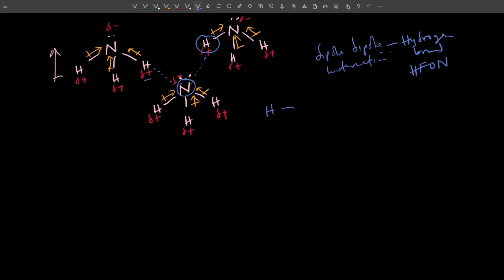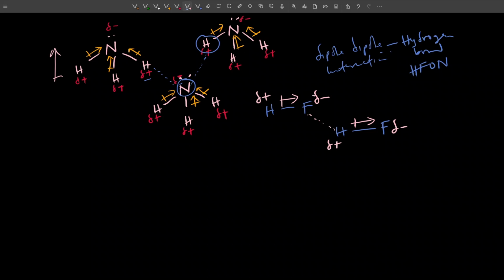Lastly, we have hydrofluoric acid. We know again that this is a polar molecule because fluorine is more electronegative than hydrogen. That will give fluorine a partial negative charge, hydrogen a partial positive charge. The same goes for this molecule as well. So you can see there'll be an attraction between this fluorine and this hydrogen because they have opposite charges. Do you understand that?